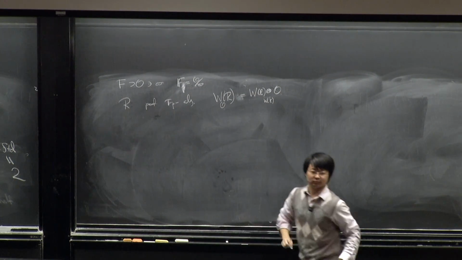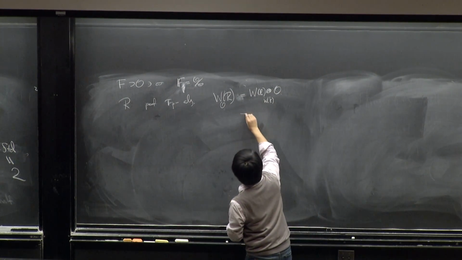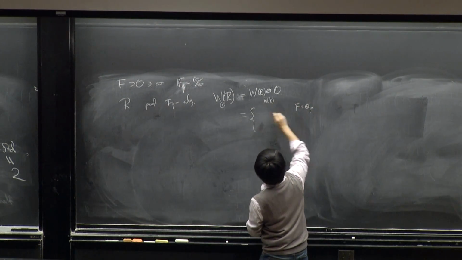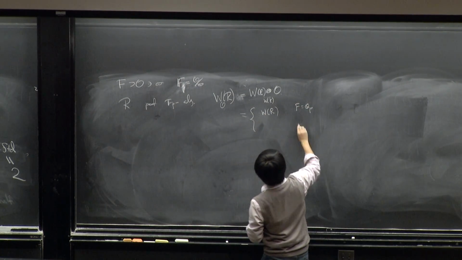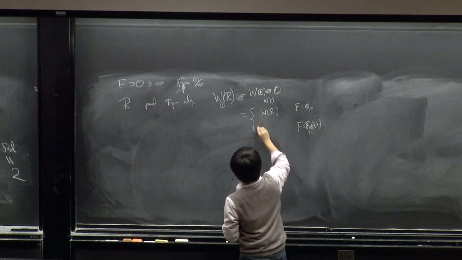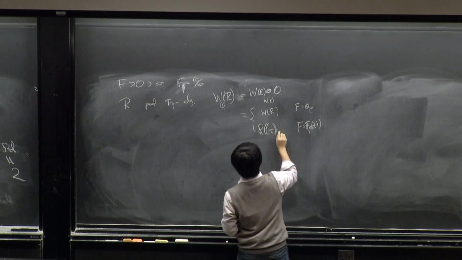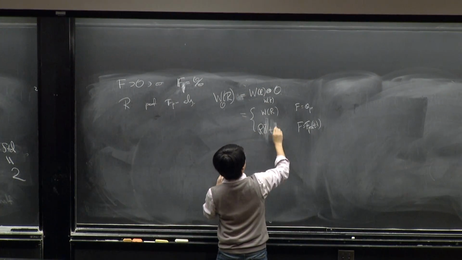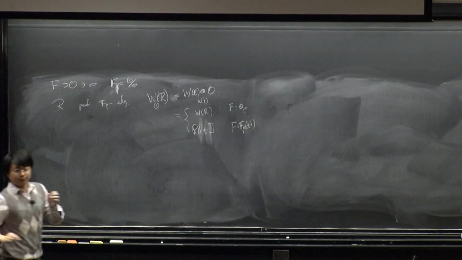If F is Q_p, this is just the usual W(R). But if F is an equal characteristic field, this is just R double bracket pi.